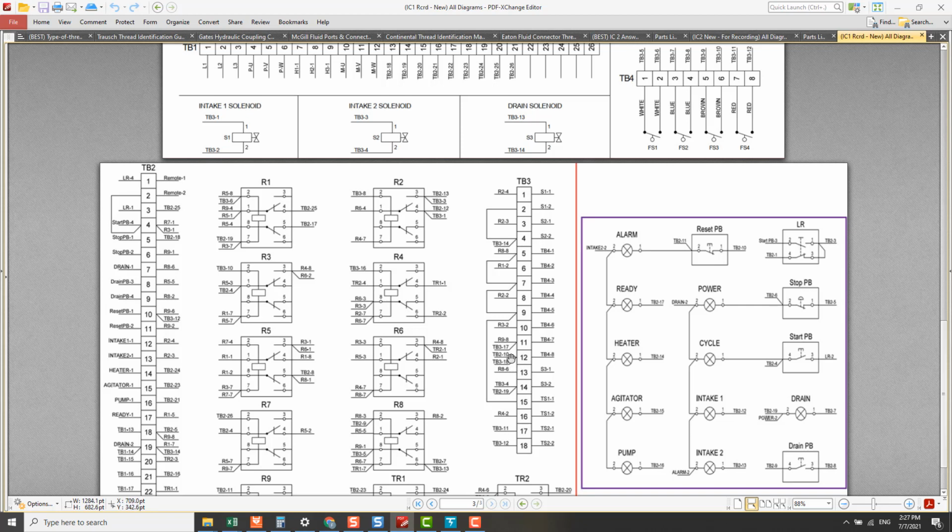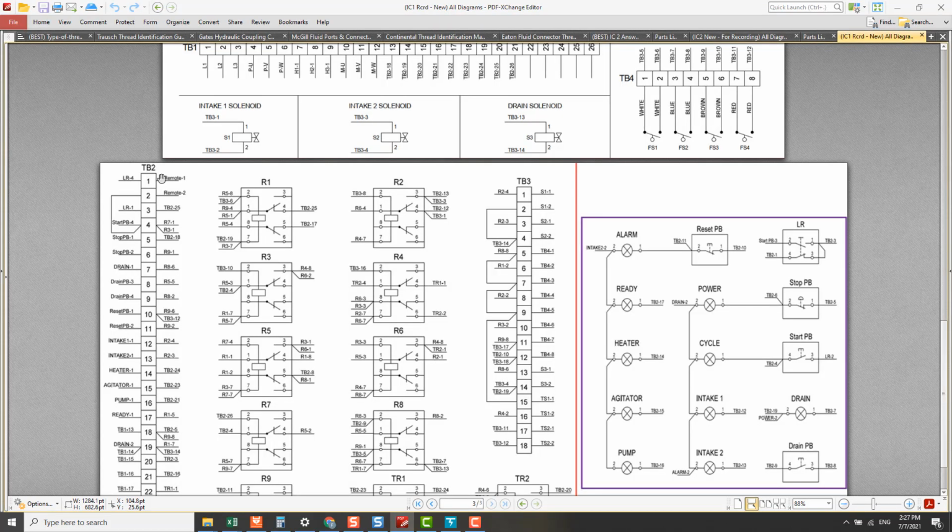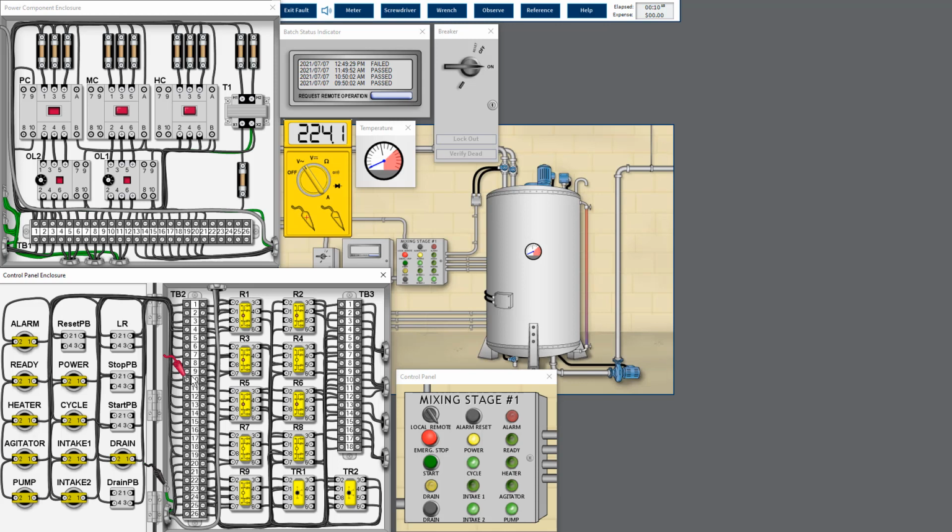Okay, we can measure TB210. TB210 is here, coming from TB312. TB210 here, there's a voltage. Then from TB210 to reset push button 1. TB210 is actually connected to reset push button point number 1. Okay, there's no voltage, so possibly there is a loose connection or the wire is open within this path.